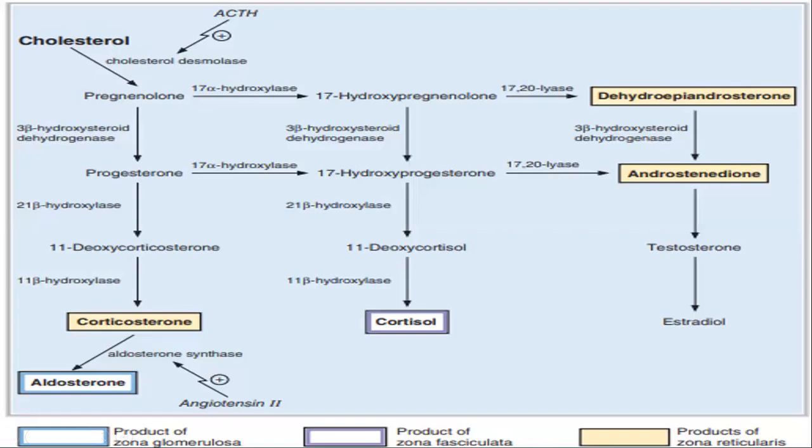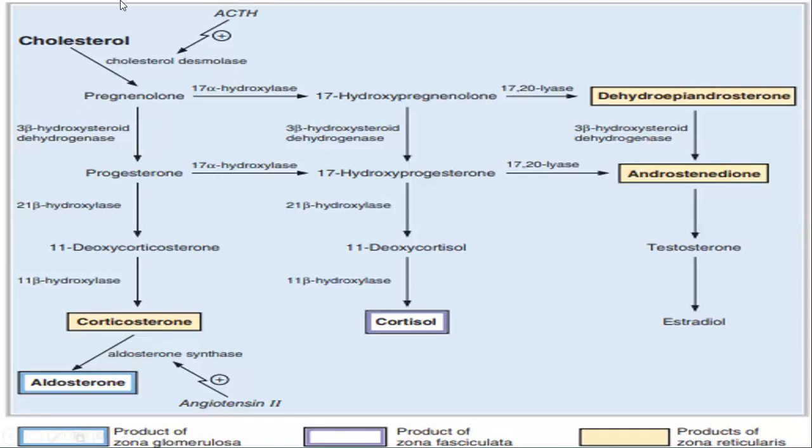And this is usually expressed in all three layers of the adrenal cortex. So all three layers, the G, F, and the R, have what we call cholesterol desmolase, or CYP11A1. Okay, let's proceed.